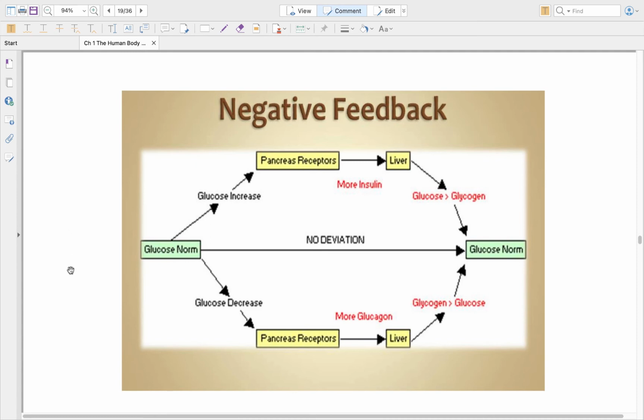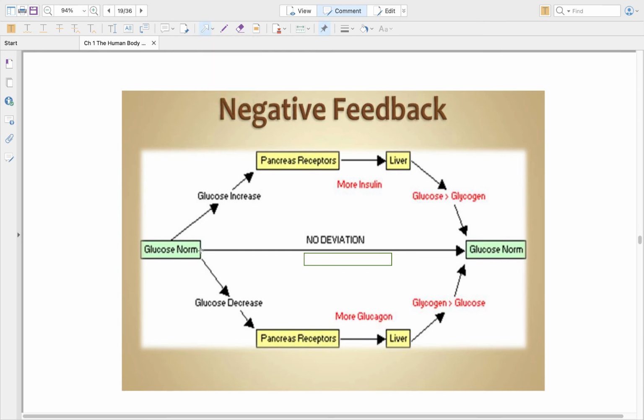Okay, so this is a great example to use in regards to homeostasis. See how it says negative feedback loop? Now this explains how your body controls homeostasis and maintains that perfect balance. See where it says no deviation, and see how this line is straight across right here? That is our homeostasis.